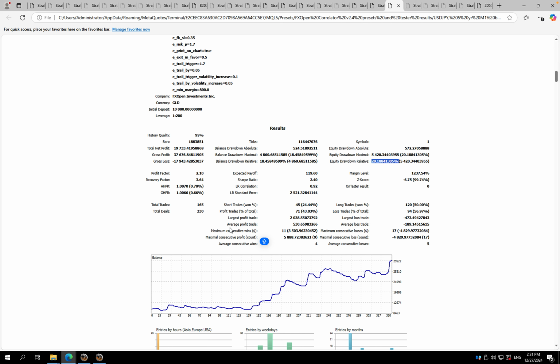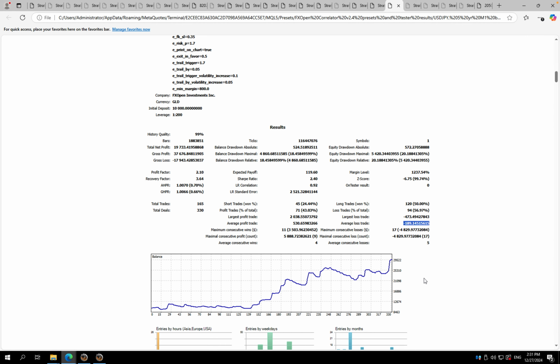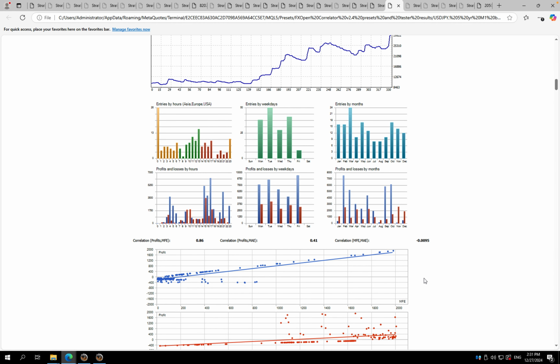The average profitable trade 530 compared to the average losing trade being 189. Very good risk reward ratio, and hence we get this good average growth over a 5-year period. You will get losing months, but there will be fewer than the winning months.